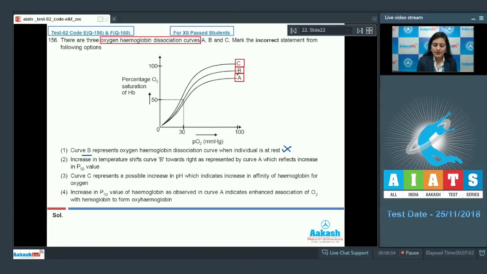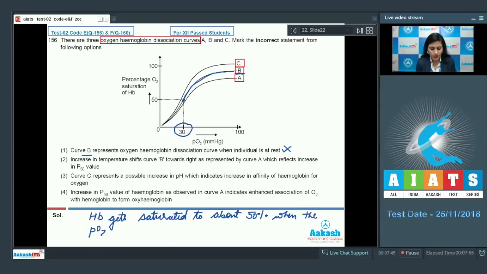Because as you can see in this graph for B, here you have the % saturation of hemoglobin and this is your P50 value, and we know that under normal physiological conditions in a normal healthy man, hemoglobin gets saturated to about 50% when the partial pressure of oxygen is nearly 30 mmHg.